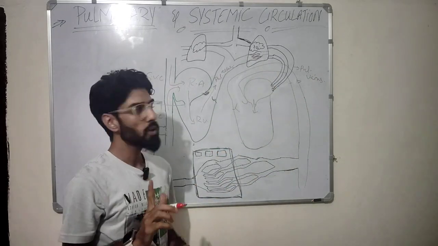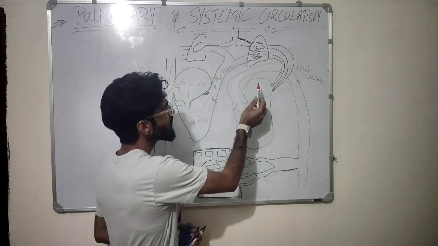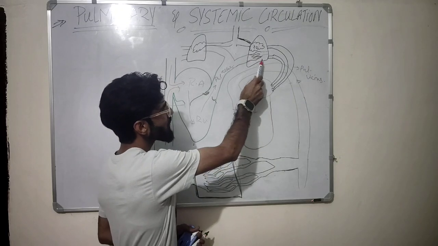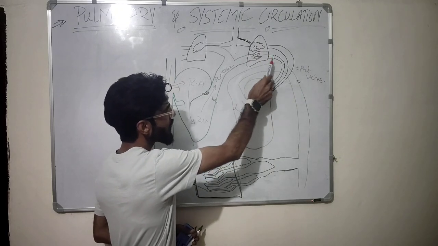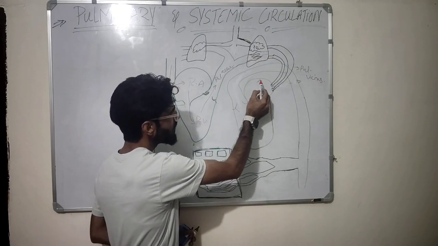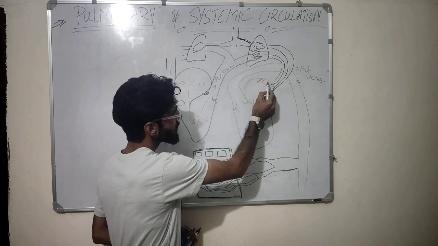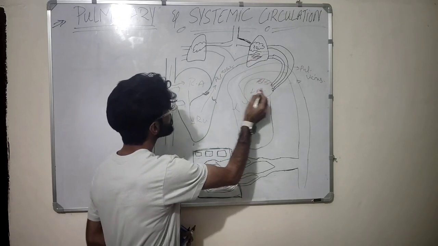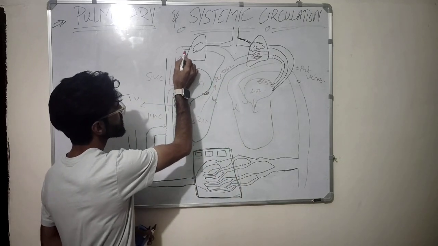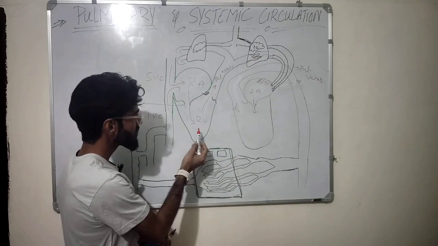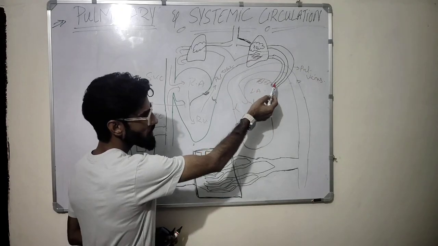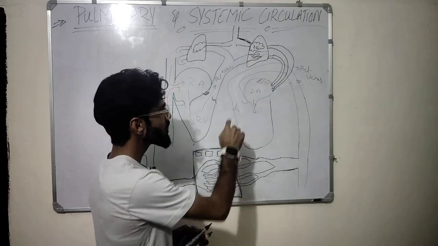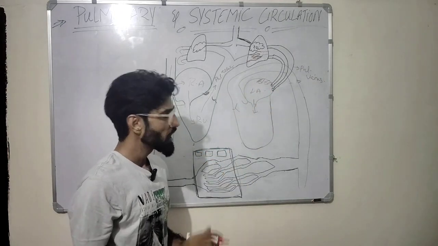So there are 4 pulmonary veins, 2 from each lung, which will come out and drain into the left atrium. So that means this is the oxygen-rich blood which has come into the left atrium.